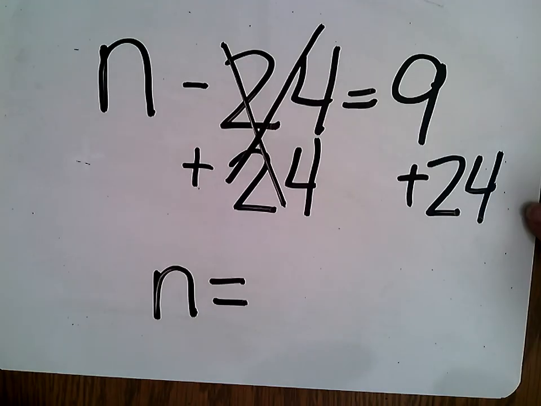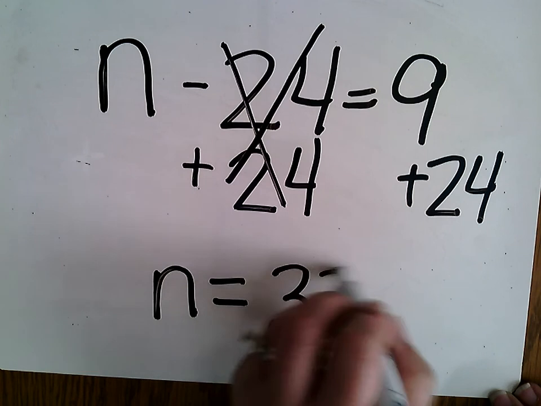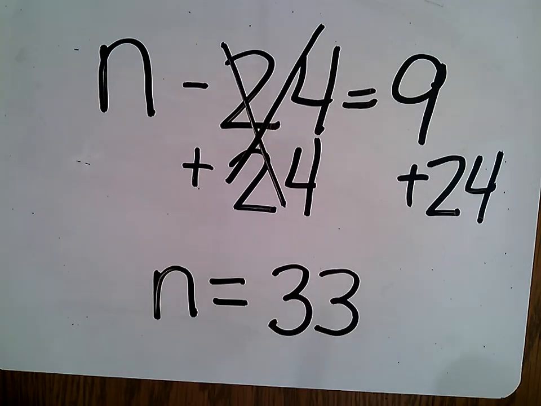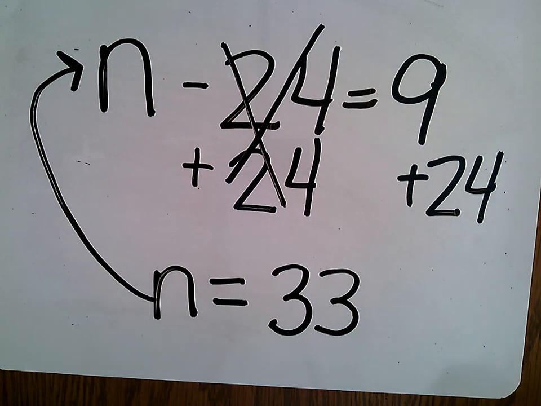I would add these two together. N is 33. If you plug 33 back into here, 33 take away 24 is 9.